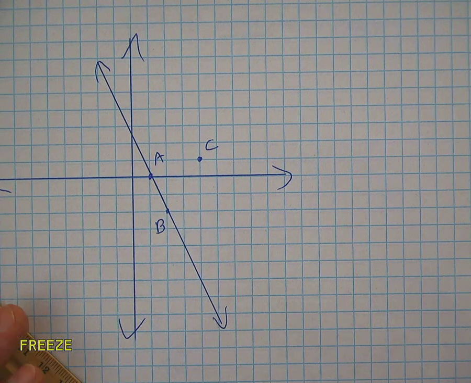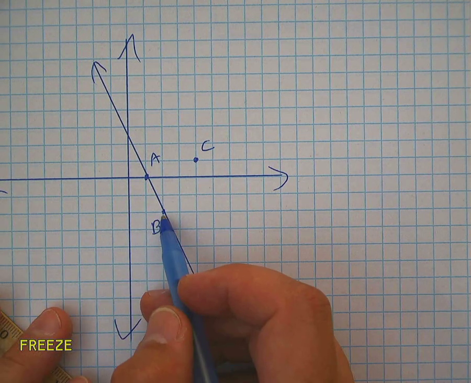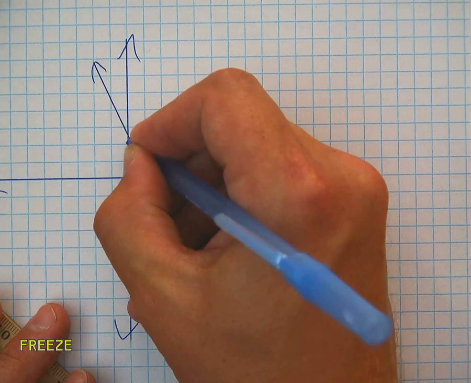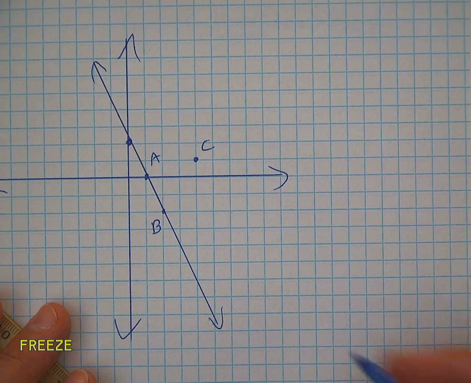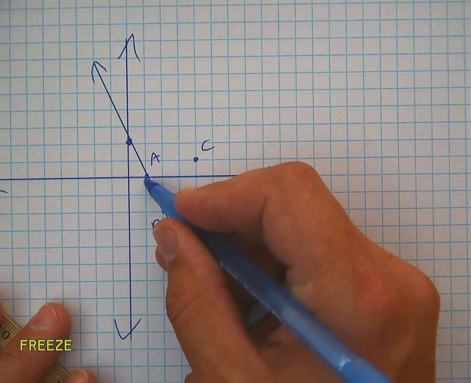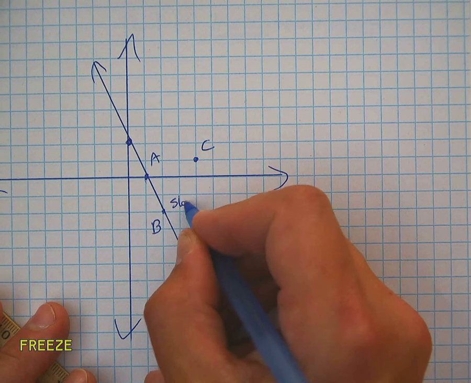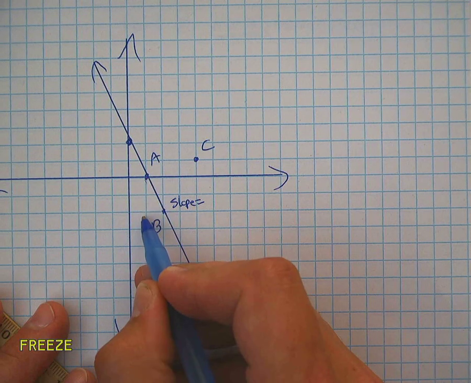How are we going to do that? Well, first of all, let's get the equation for this line right here. I'm going to assume that this line intersects right here, just for all practical purposes. So I know that this line from A to B has a slope of, it's going down 2 over 1.